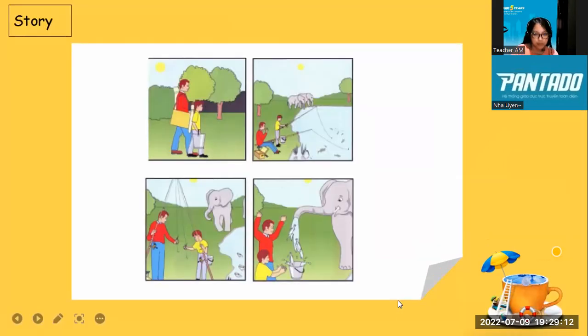On Saturday, Lucy and her father are fishing on the lake. They are fishing and next to them there are two elephants.